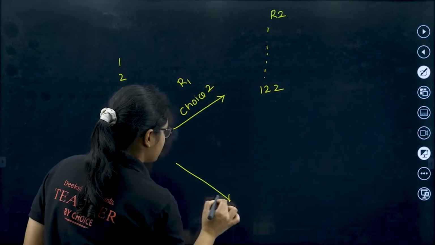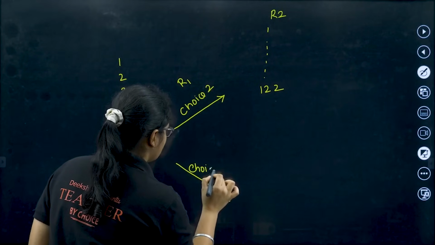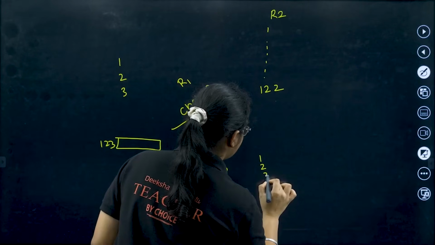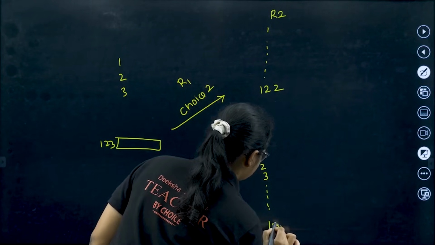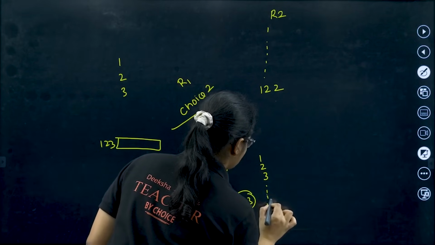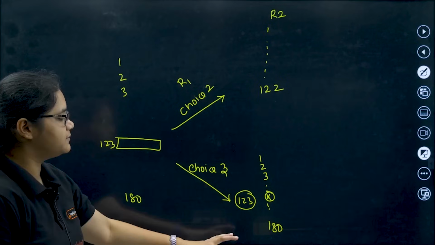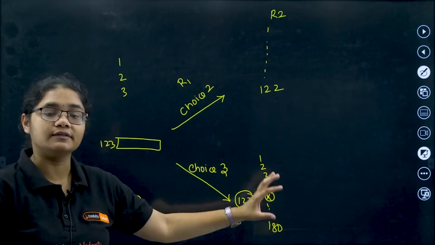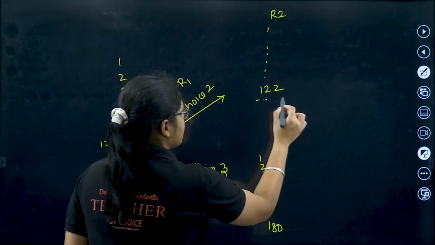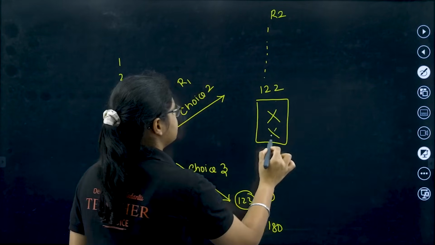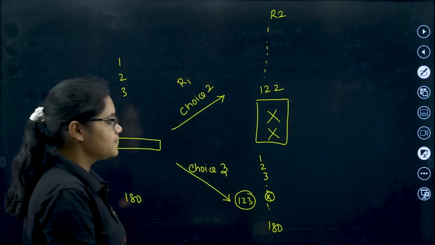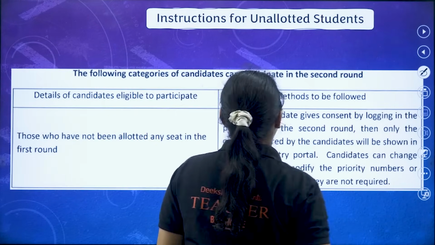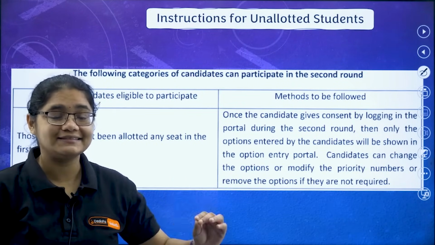Next, if I select choice 3, then you have 1, 2, 3 up to 180 there, but the only thing that is missing is your 123. All other options are equally available. You can reorder them, delete them. But here the bottom options will be cancelled, they won't be available. Clear? Fine.